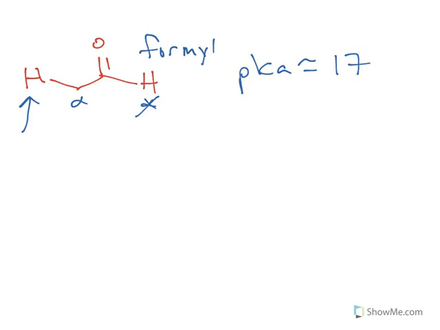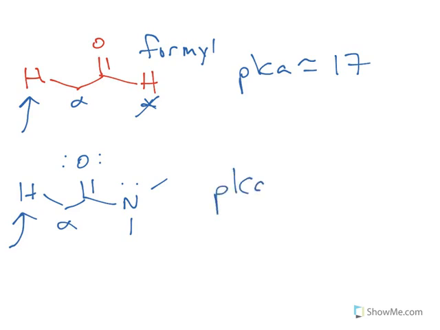And let's take a look at an amide. We're going to take a look at that alpha hydrogen, and the pKa value of an amide is around 30. Which one is more enolizable? The answer to your question should go as follows.